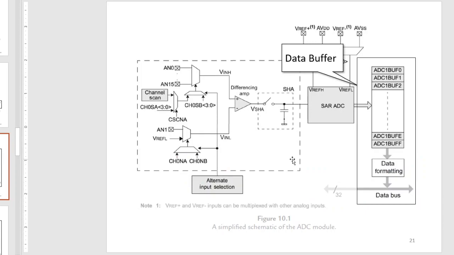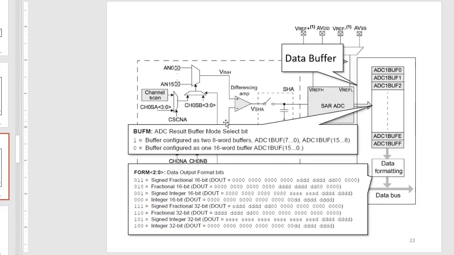Then lastly, we have the data buffer for the ADC. So our data buffer has two modes. We can choose to use two 8-word buffers or one 16-word buffer. We usually want to use buffer mode 1 whenever our ADC is slowly sampling our input.